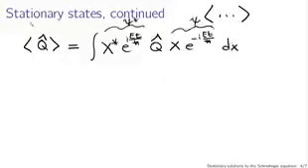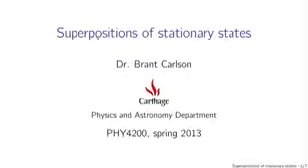Now, provided this operator does not act on time, it doesn't have anything to do with the time coordinate, and that will be true for basically all of the operators we will encounter in this course. Now, we talked about how the Schrodinger equation can be split by separation of variables into a time-independent Schrodinger equation and a relatively simple time-dependent part.